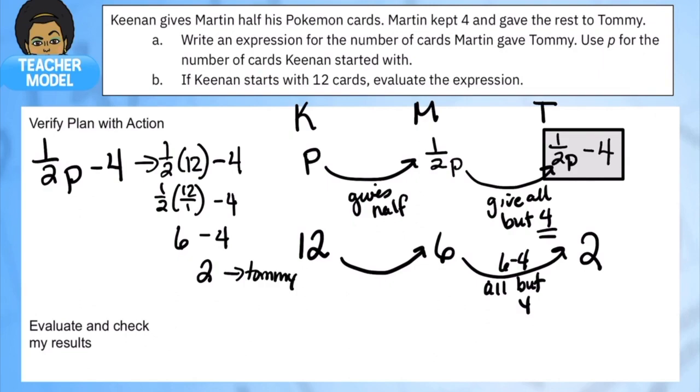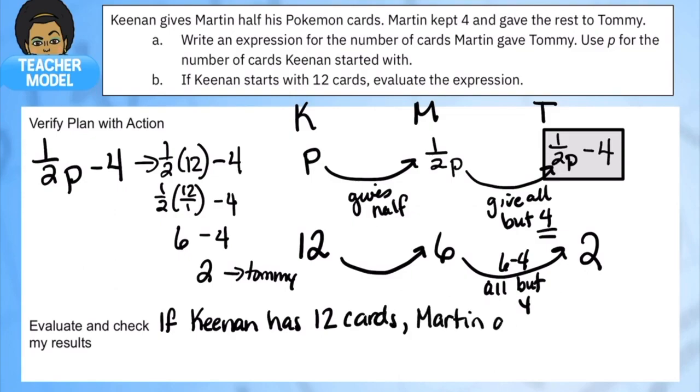All right, so let's jot this down. If Keenan has 12 cards, Martin gets half, or 6 cards.